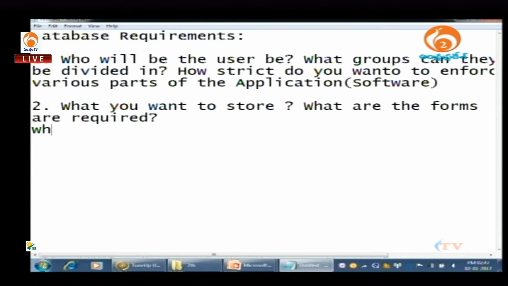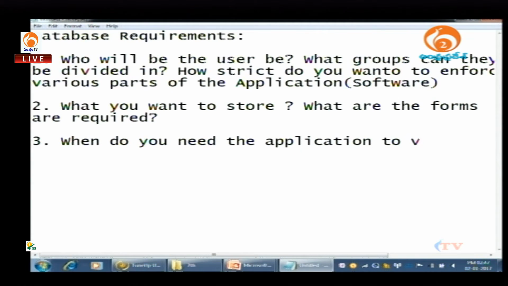And next one, third one: when do you need the application to be available?